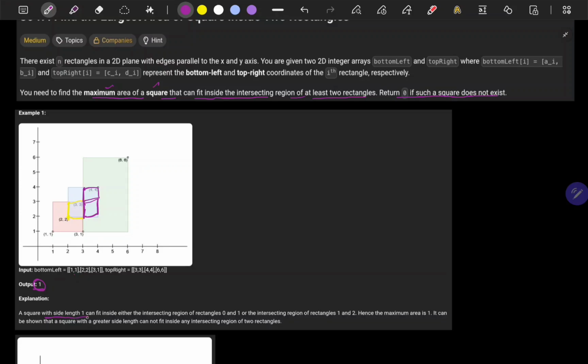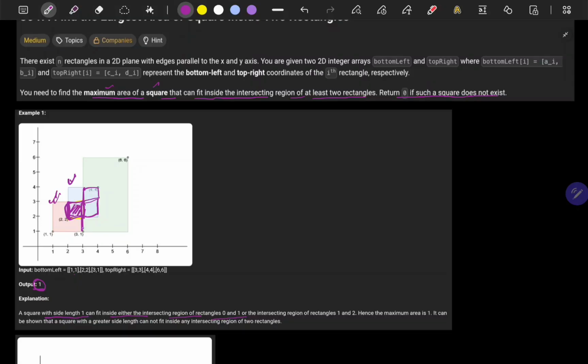So a square with side length 1 can fit inside the intersecting region of rectangles 0 and 1. If we look at these two rectangles, we have this intersecting point, this overlapping region, which can give a square side of 1. How are we saying 1?